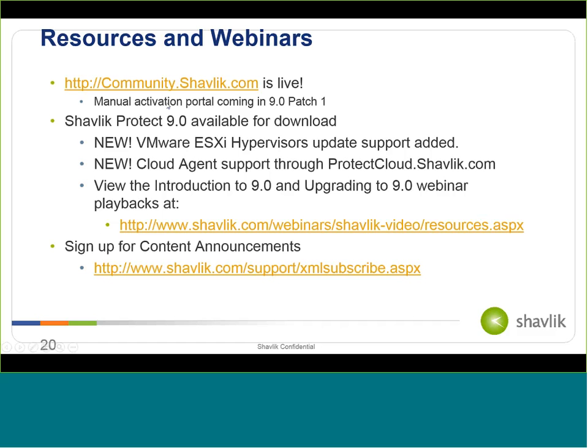We are bringing a manual activation portal coming soon in the 9.0 Patch 1 release. Within a couple of weeks, we'll be coming around with 9.0 Patch 1. This has a couple of issues reported from the field, and we're also implementing a manual activation portal.